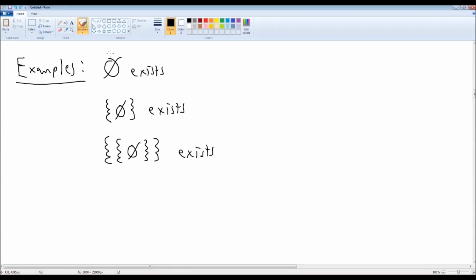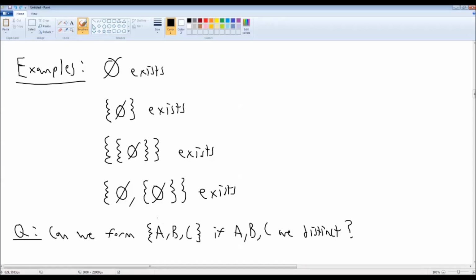Another example is we could take a pair. We could take the set containing just this and this. So the set containing the empty set as well as this set, the set containing the empty set, this exists as well. So as you see, we can keep applying the axiom of pairing to form more and more sets.